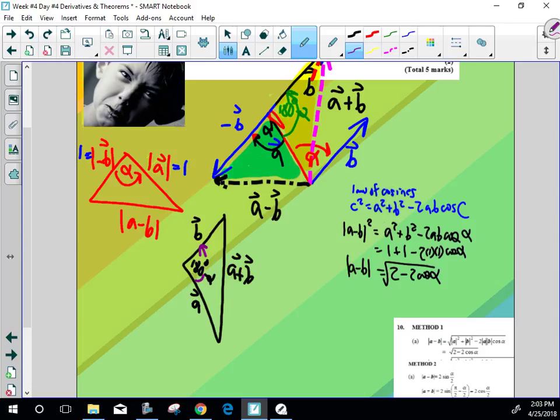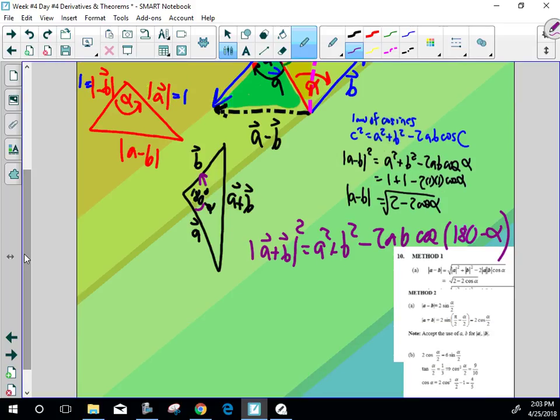Okay, so here goes. The magnitude of A plus B squared equals A squared plus B squared minus 2AB cosine of 180 minus alpha.